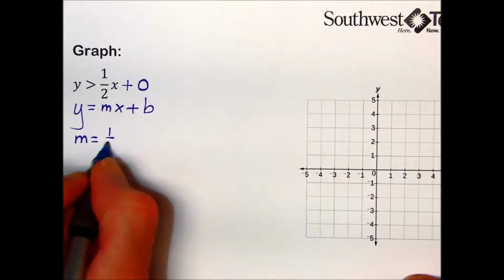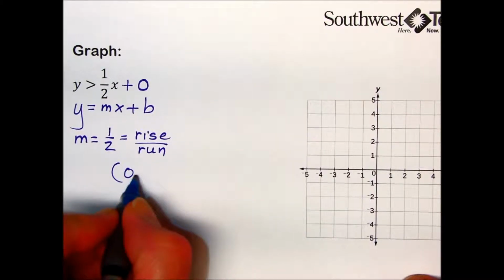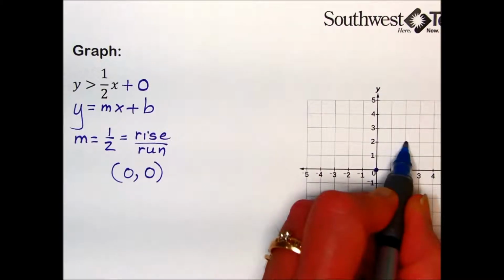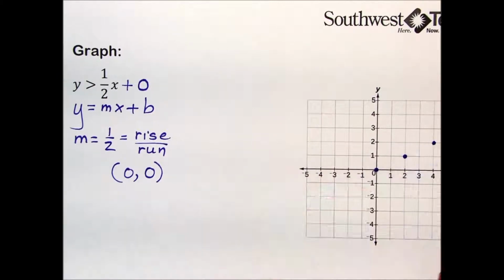Since y is by itself, the slope of this line is 1/2, which is going to give us the ratio of rise over run. As I previously mentioned, our y-intercept, our b value, is 0. So when we graph this line, we always start at our y-intercept, which is at the origin. Our slope on this line, for every 1 we rise, we will run 2. For every vertical up 1, we run horizontally 2.